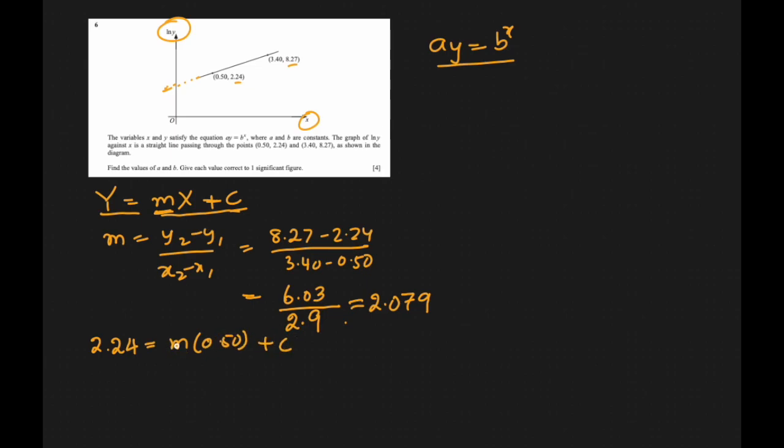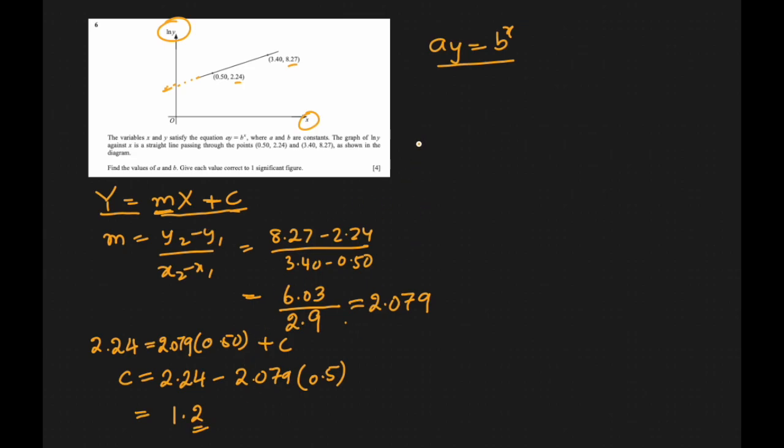Sorry, m is known to me, so I should write m, which I know now, 2.079. Alright, so c becomes 2.24 minus 2.079 times 0.5, which is 1.2005. So I'll write just 1.2. So I got c also.